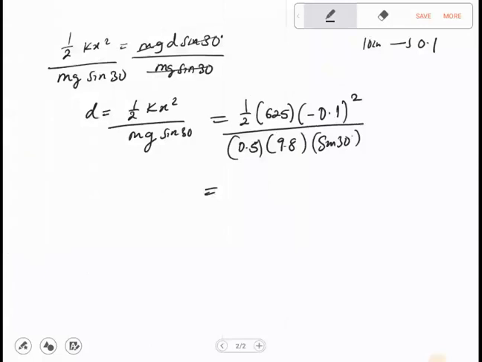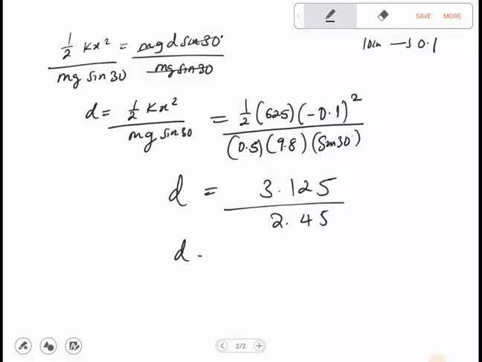Let's now go deeper. So 625, 0.1 squared, you divide by 2. I'm getting 3.125. We have 9.8 times 0.5, again times 0.5. We have 2.45.